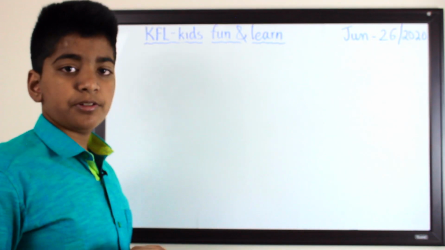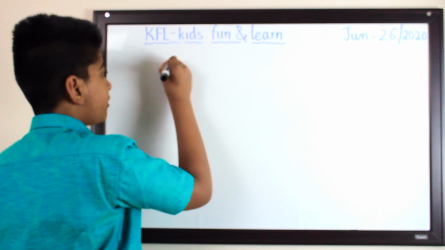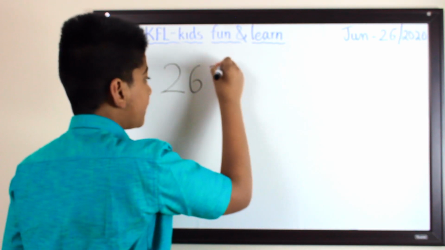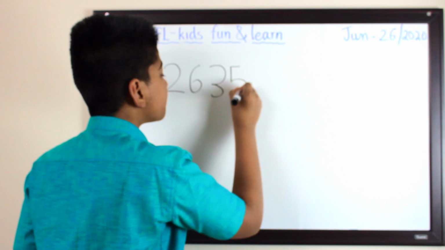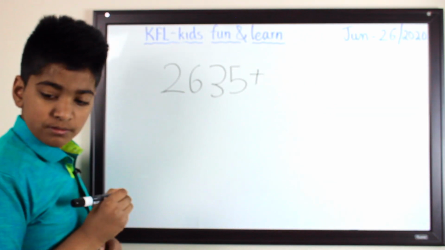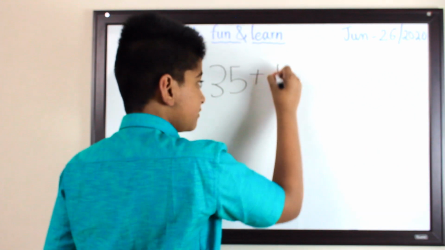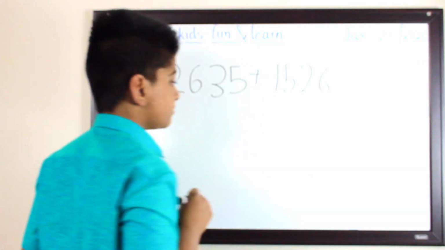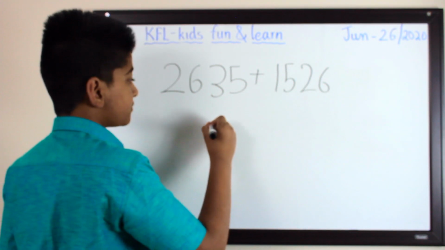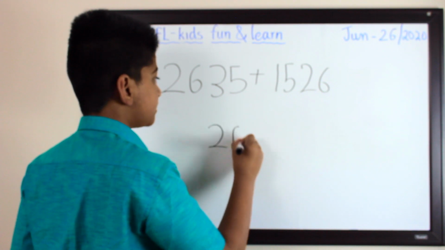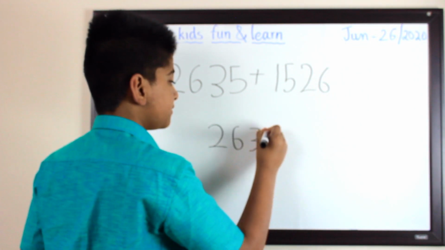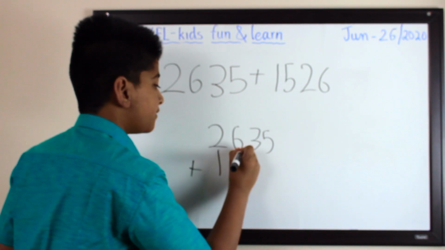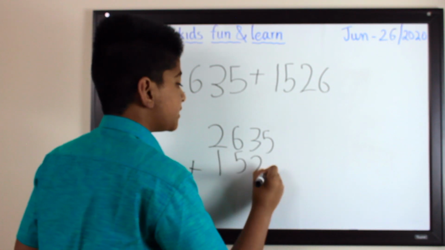Let's try 2 4-digit numbers, like 2635 plus 1526. So let's add these. 2635 plus 1526.